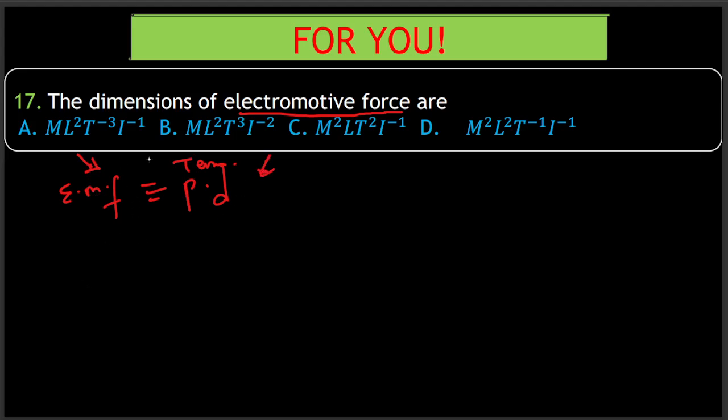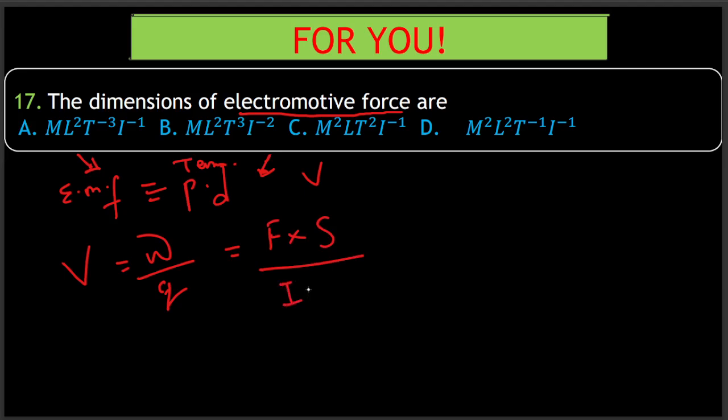The two of them share the same SI unit, which is volts. And volts, or potential difference, is work done in moving a unit charge from one point to the other in an electric field. Do you remember? So work done over charge. But I know that work done is force times distance, and that charge is current times time.